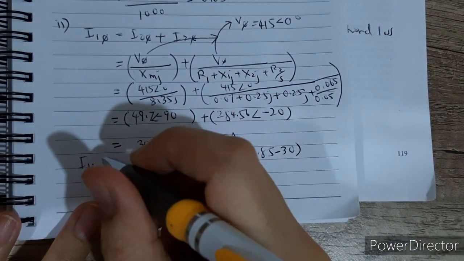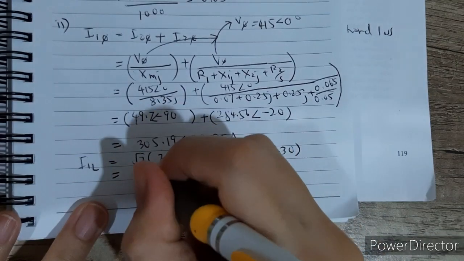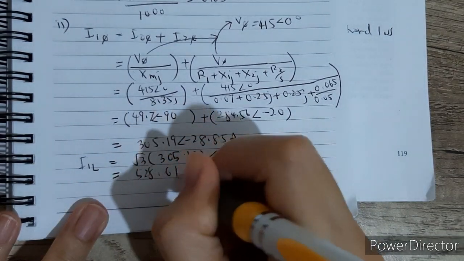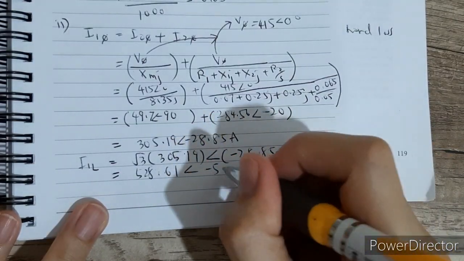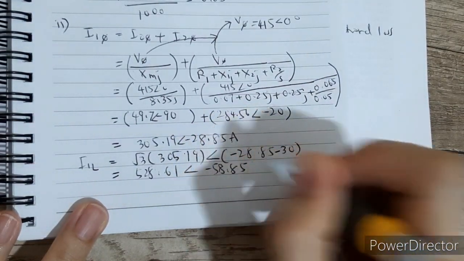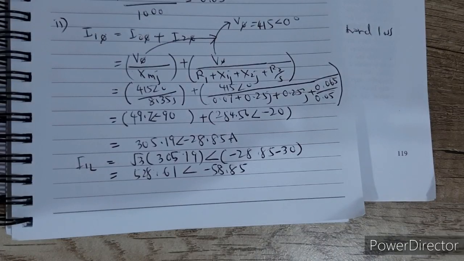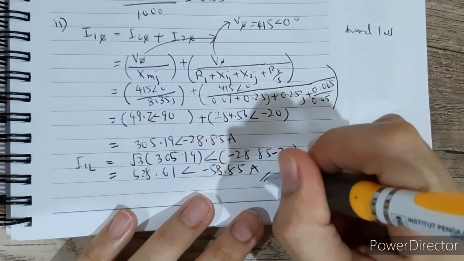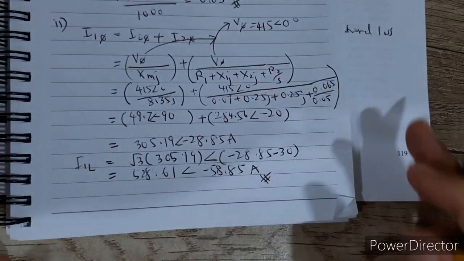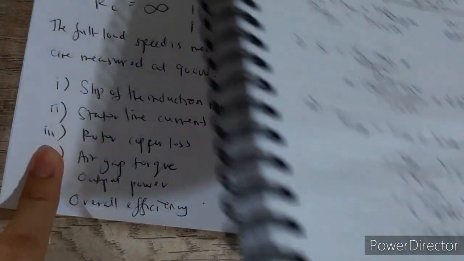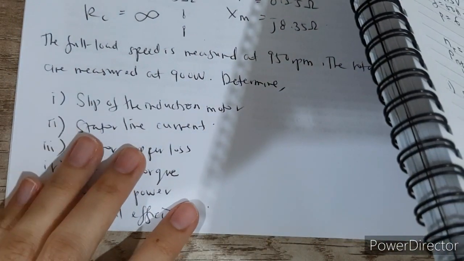So that will give you the final answer of 528.61 at angle of negative 58.85 ampere. Okay, so that's the answer for question 2, stator line current.